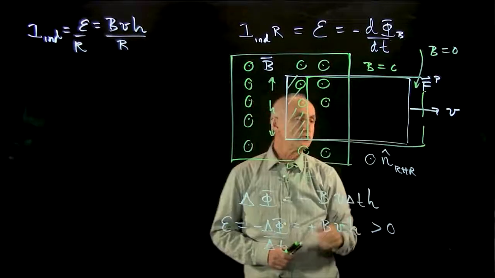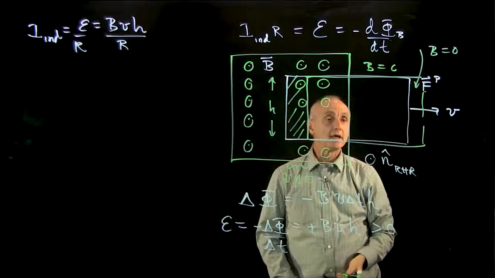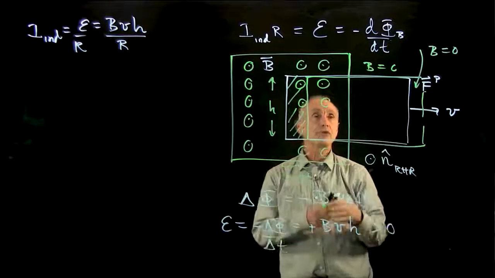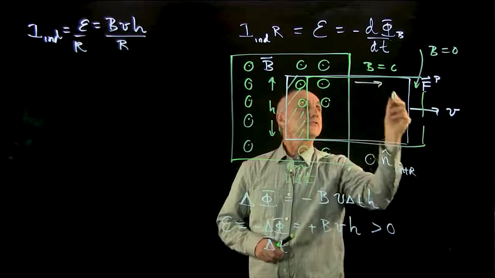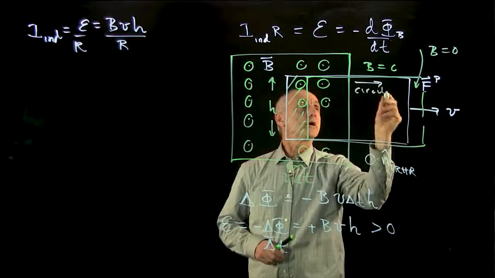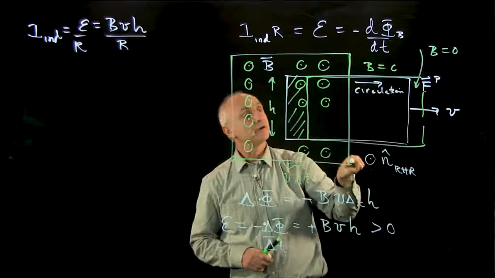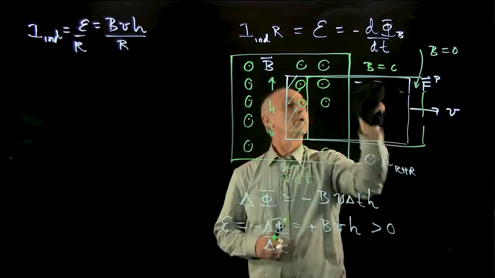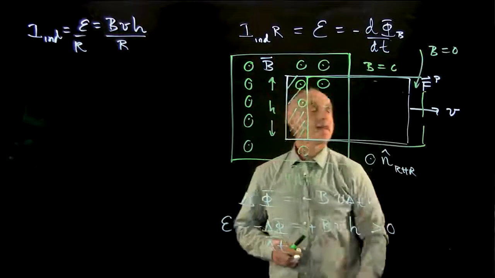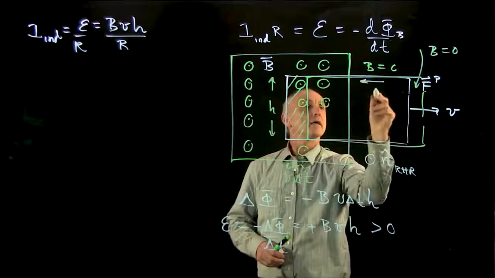And if I choose this circulation direction in that way, then I'm circulating like this. This is my circulation direction. I have to be careful here. Think about this for a second. Actually, my circulation direction is like that.